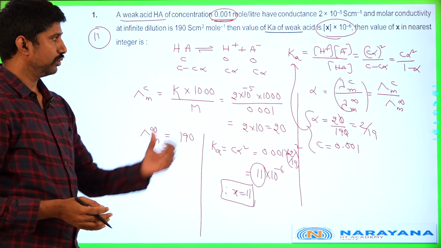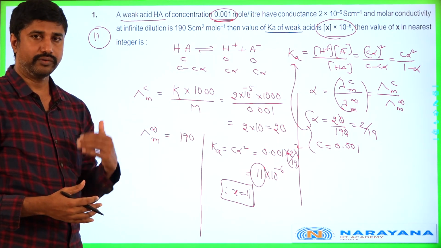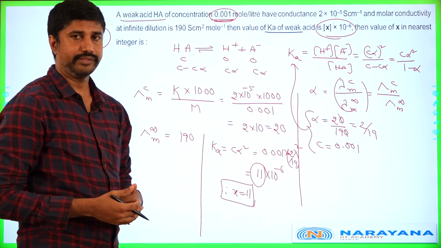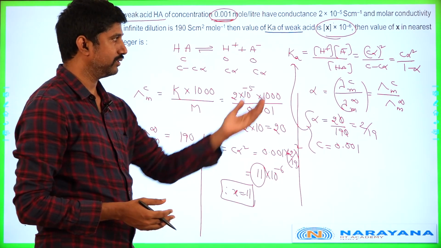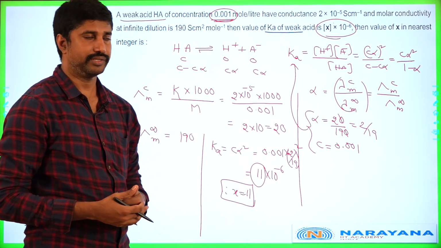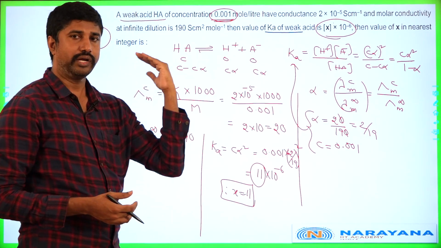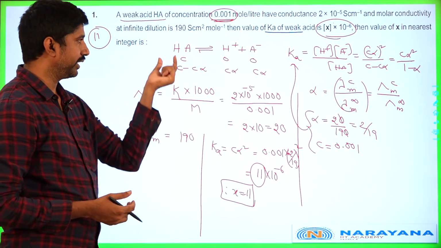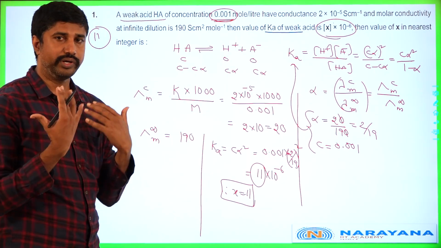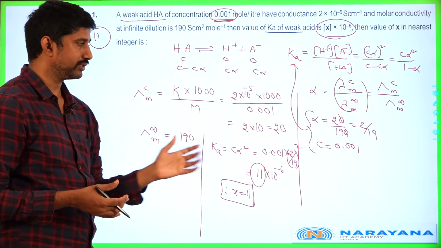So a weak acid is given, and for a weak acid, Ka is equal to C alpha square by 1 minus alpha. The C value is given, and if we know the alpha value, we can directly evaluate Ka. But alpha is not given, and we need to estimate alpha with the help of conductance data.